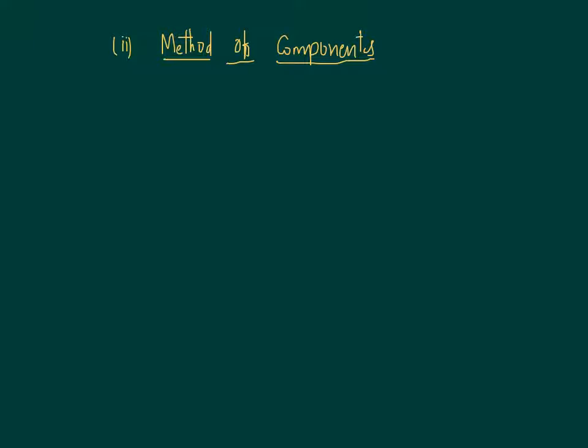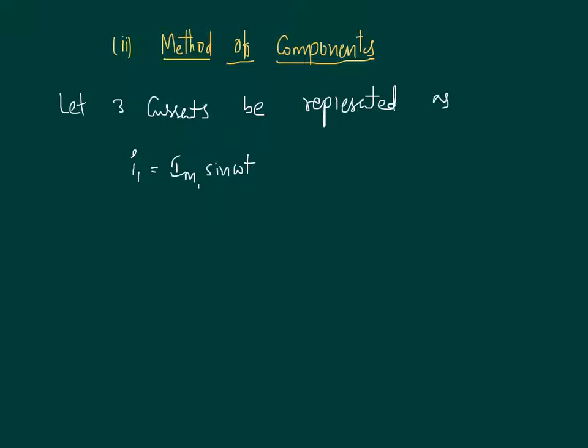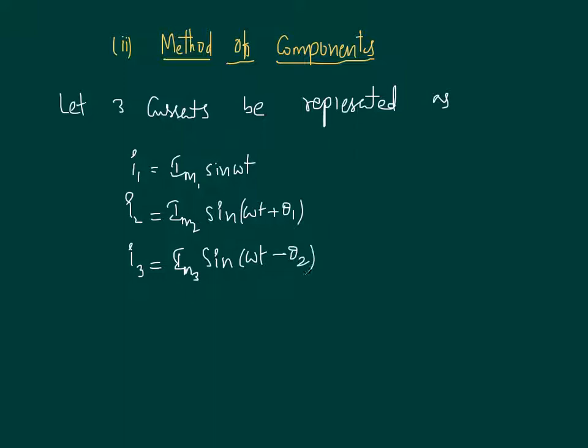Suppose, let us consider three currents represented as I1 equal to Im1 sin omega t, I2 equal to Im2 sin(omega t plus theta 1), I3 equal to Im3 sin(omega t minus theta 2).